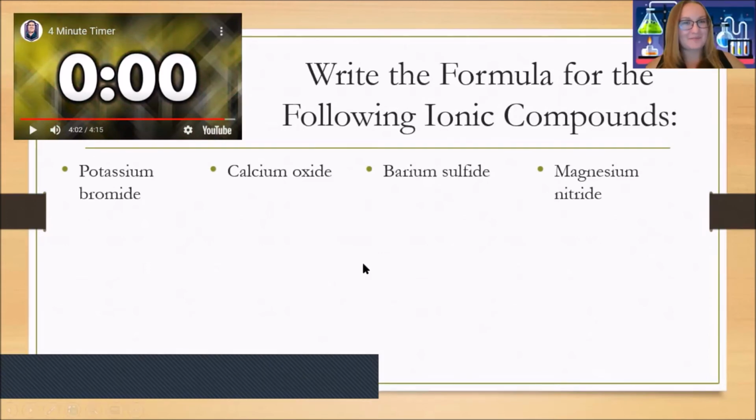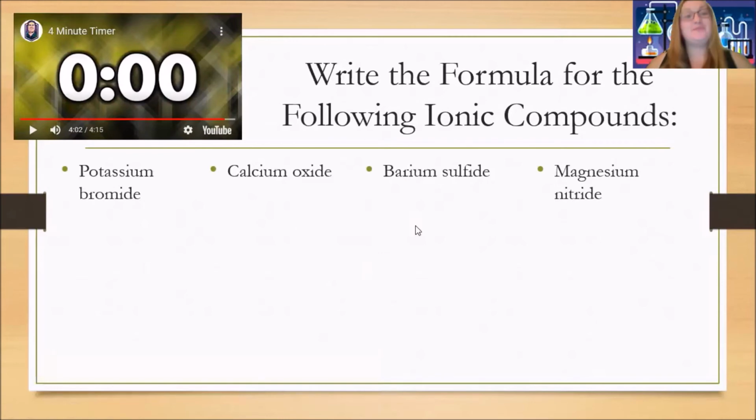All right, scholars, welcome back. Let's review these together. Okay, so potassium bromide. I can know by looking at the periodic table that the symbol for potassium is K, and the symbol for bromine, which is where the word bromide comes from, is Br.